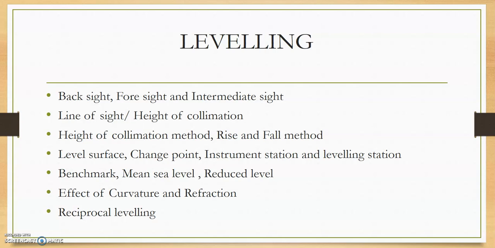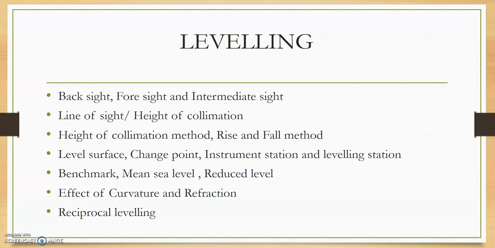Backsight is nothing but the first reading on every setup of the instrument. The first reading taken on each instrument station is known as backsight.